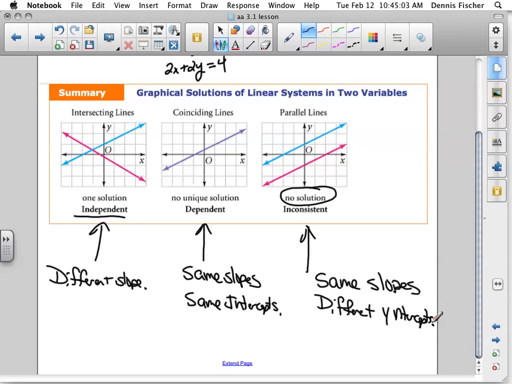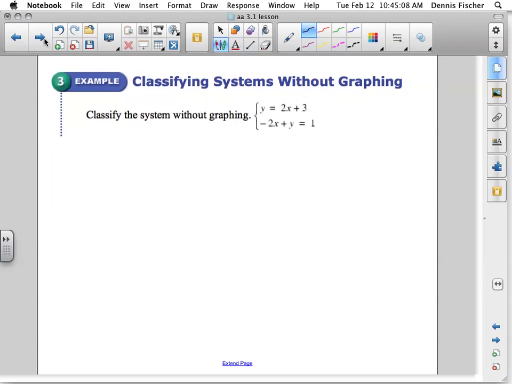If I go to the next page here, here's a system of equations. Not a very nice system. Let's take my second equation and get y by itself. If I get y by itself, I'm going to have 2x plus 1.